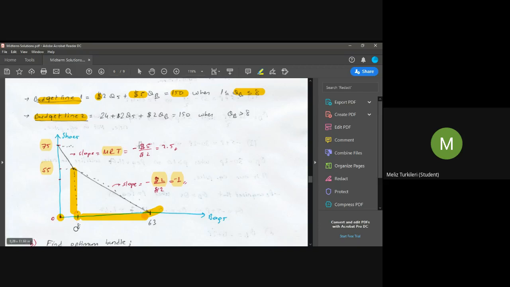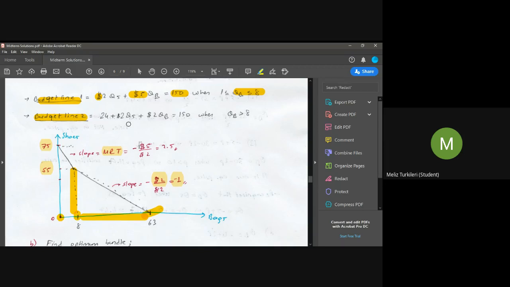I sum the 8 with the 55 and find that this intersection is at the point 63. Okay? So you can easily draw the graph. So what about the budget line? I need to find the second budget line.